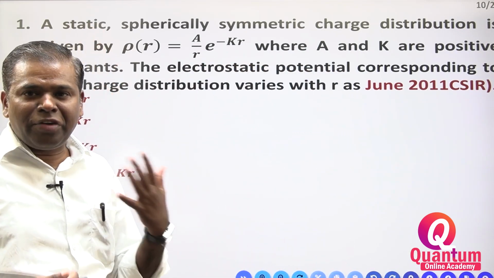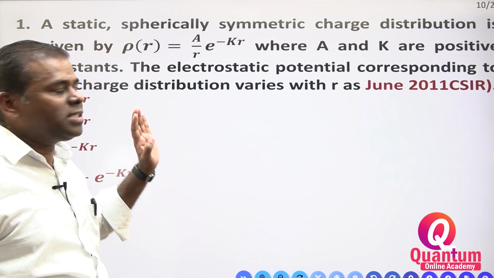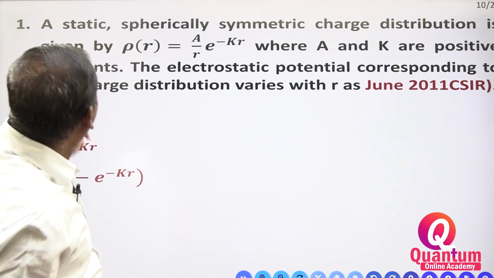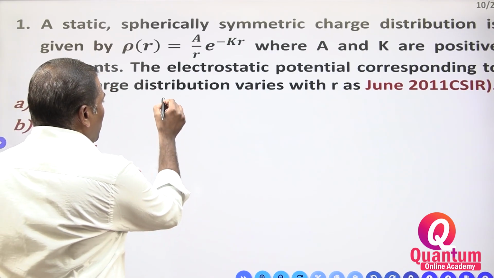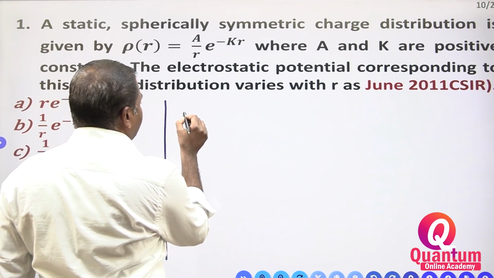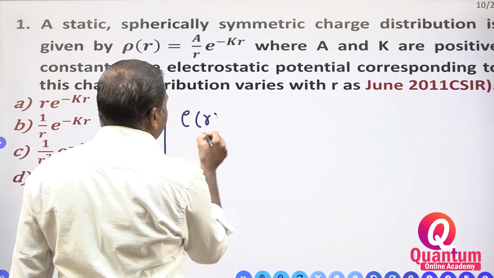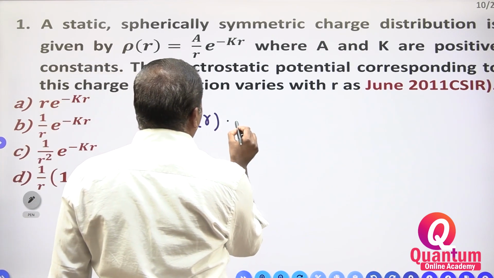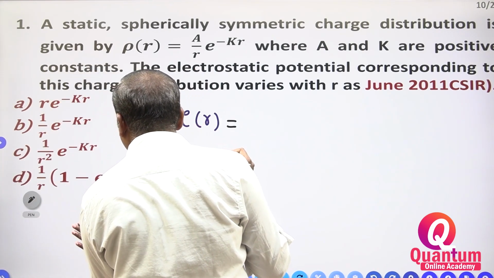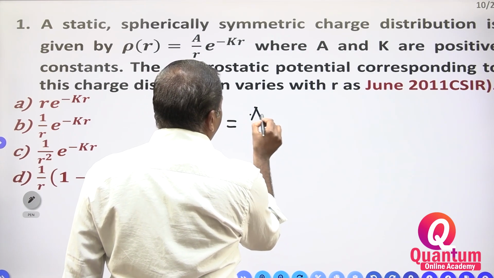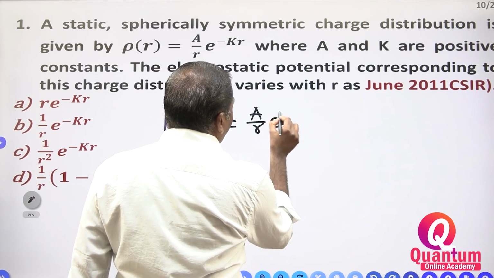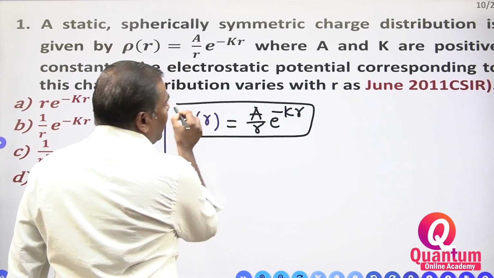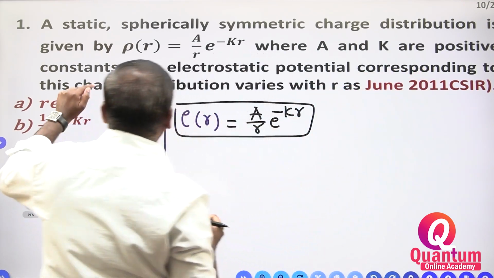First you have to see from the first area, that is electrostatics. A static spherically symmetric charge distribution is given by rho of r, the charge density distribution, rho of r is equal to A by r e to the power of minus kr, where A and k are positive constants.